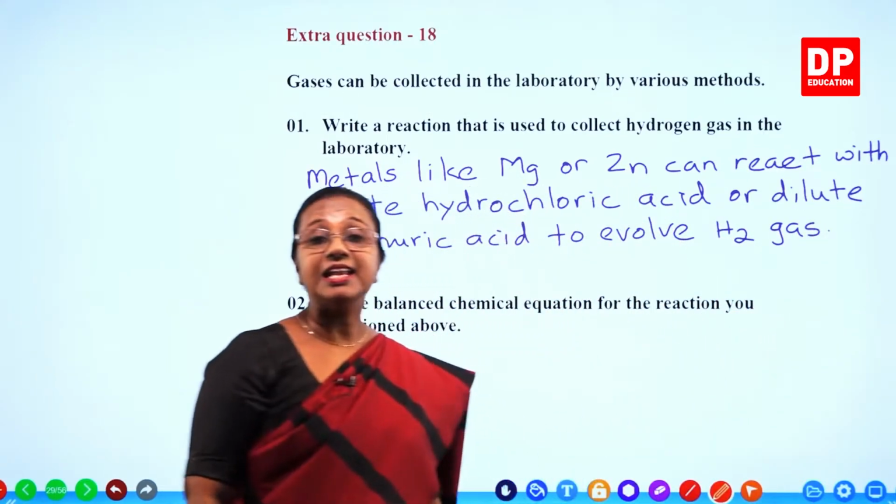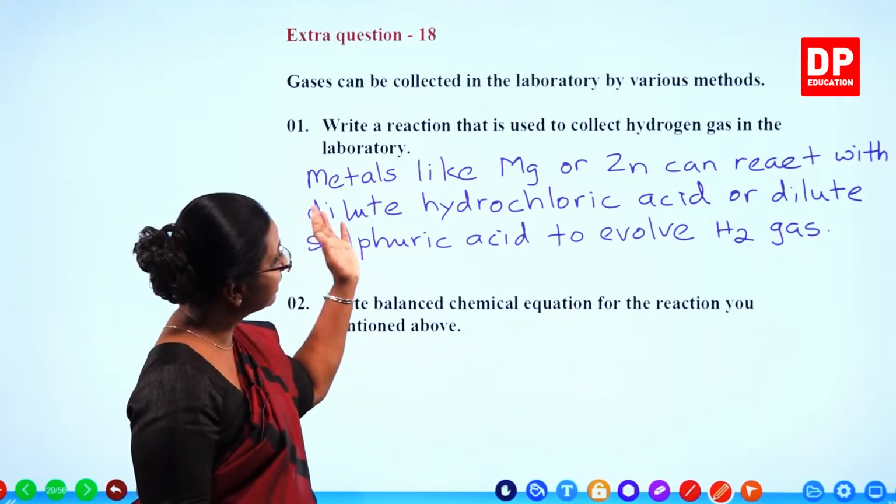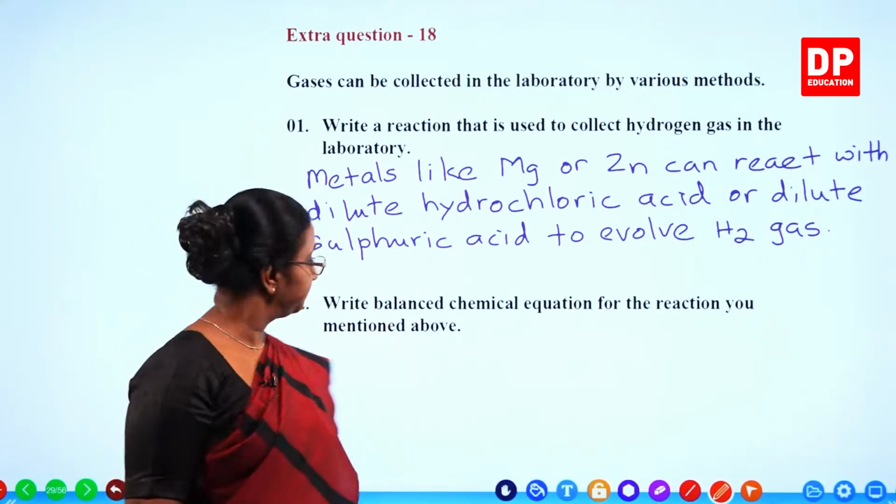So if you write that, that is correct. Or you can even say metals reacting with dilute acids.